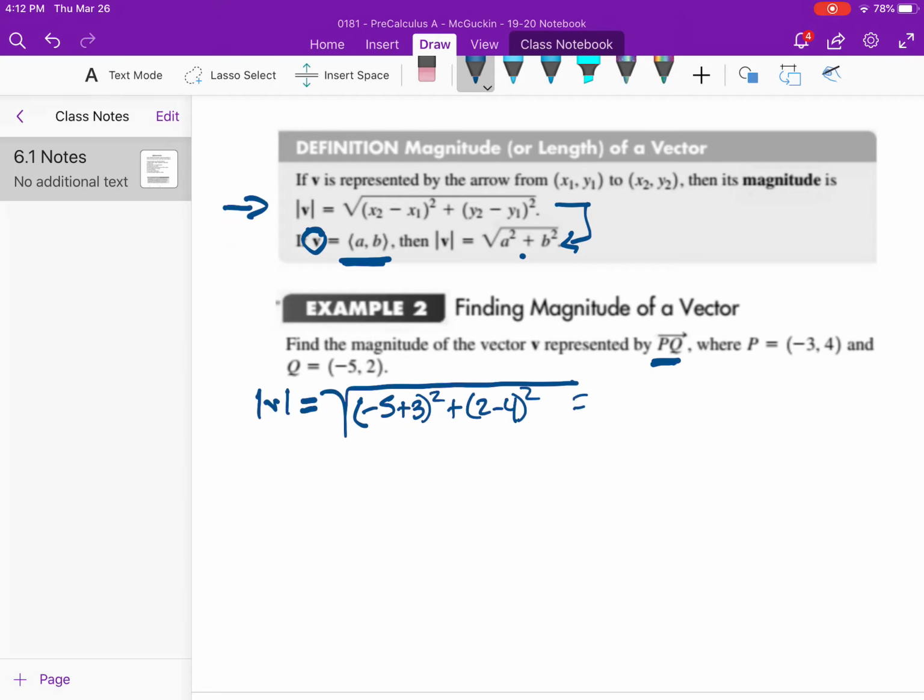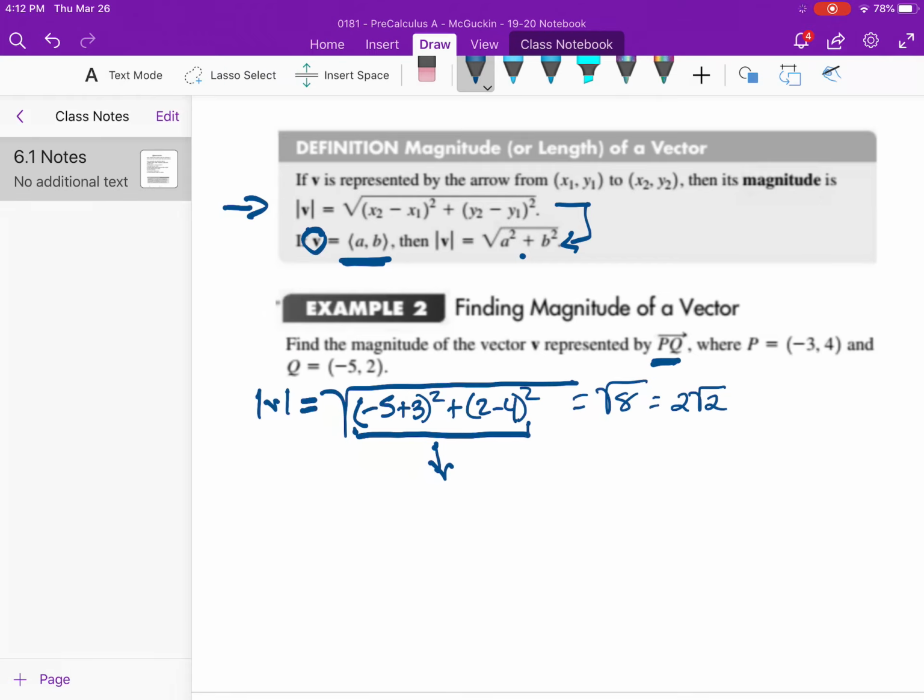That all is going to end up equaling the square root of 8. And let's simplify that a little bit. And we have 2 square root of 2. Now, you also can show this in component form. So remember, what we did underneath here is the component form of the vector.